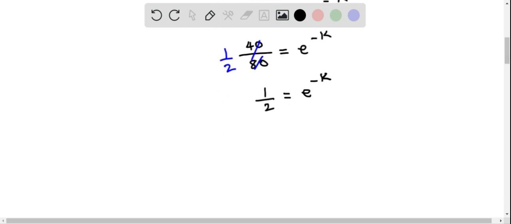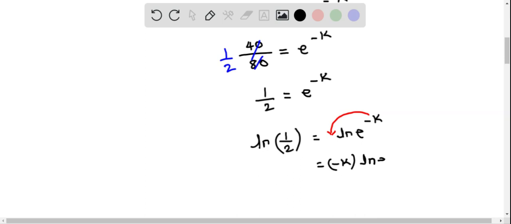To determine the value of k, we apply the natural logarithm to both sides. So this becomes natural logarithm of half equals natural logarithm of e raised to the power of negative k. And using the properties of logarithm, this negative k comes in front. So this becomes negative k times natural logarithm of e. We know the natural logarithm of e equals 1. So in fact, we can remove this from the equation.